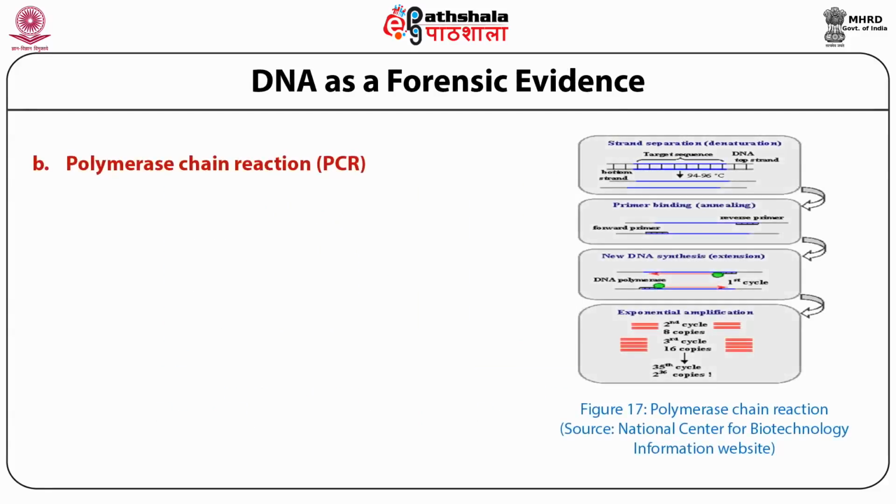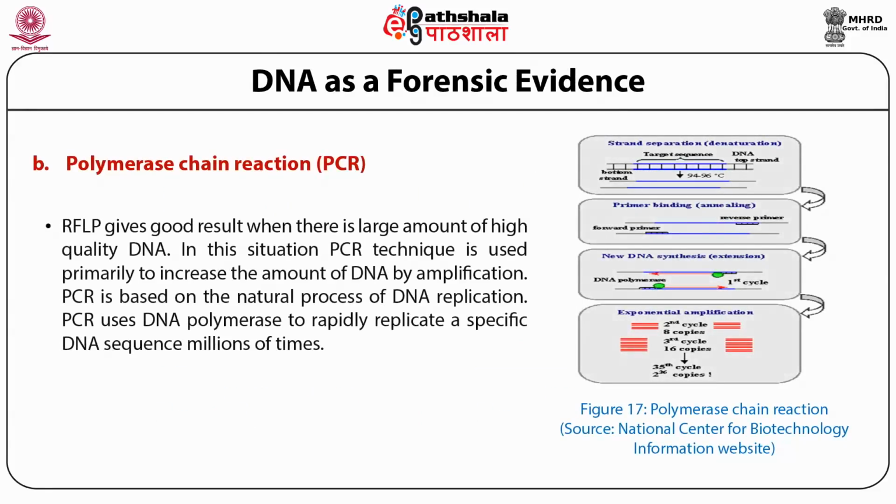PCR, or polymerase chain reaction. RFLP gives good results when there is a large amount of high quality DNA. But the DNA sample from a crime scene may not be large in amount, and more frequently they are too fragmented to be useful.